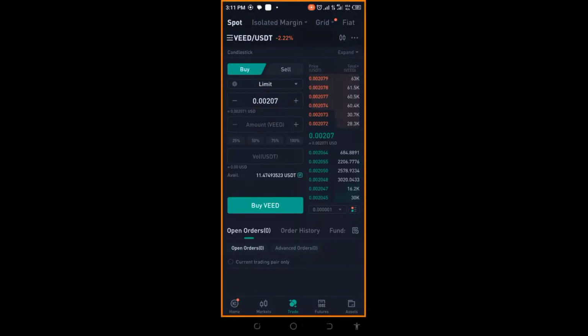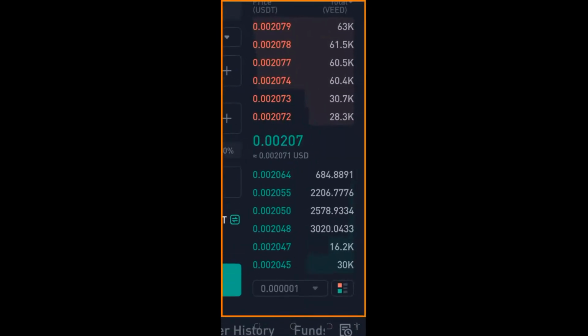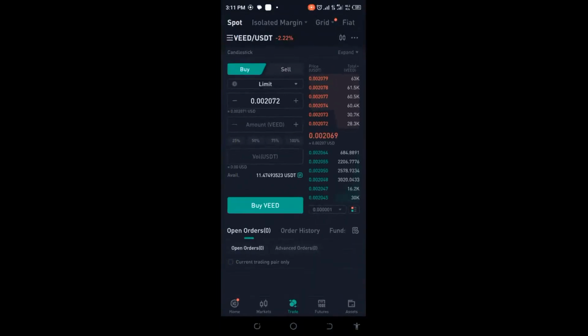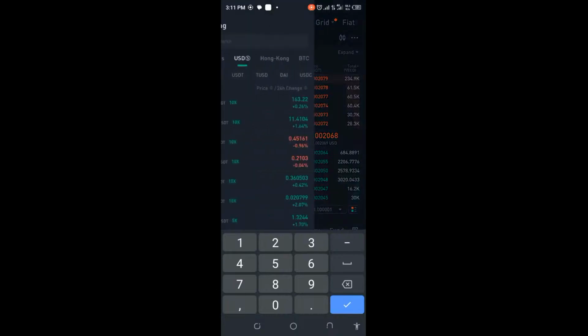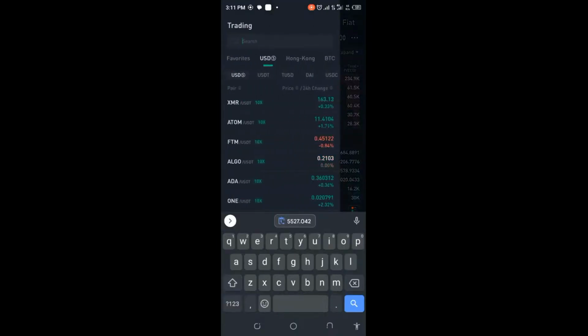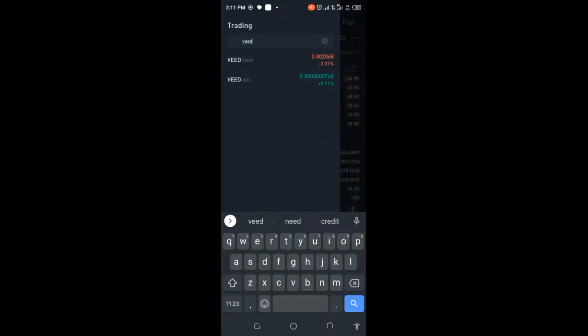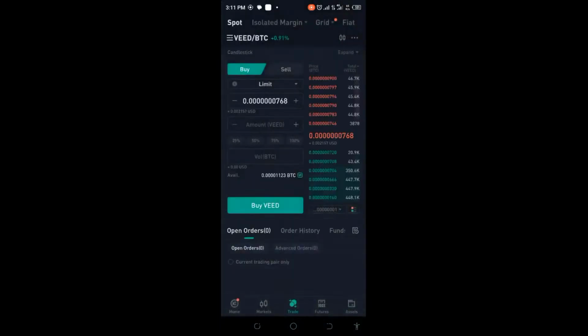Let me first check what's going on in the order book. Okay, let's see whether that's possible. We'll put in the first red here, click on 100%, and use that. This will sell instantly by the time we do this. Let's check what we have for BTC. Let's see whether we'll still be able to make money.